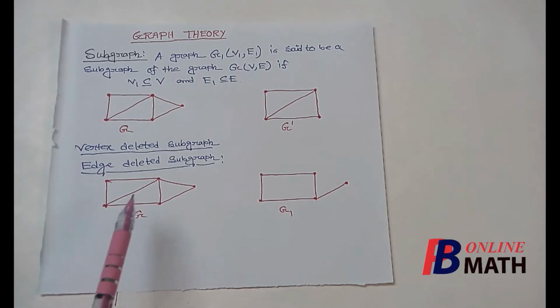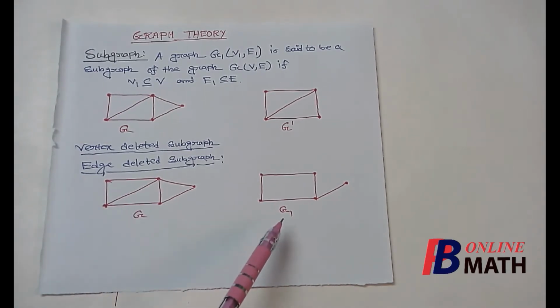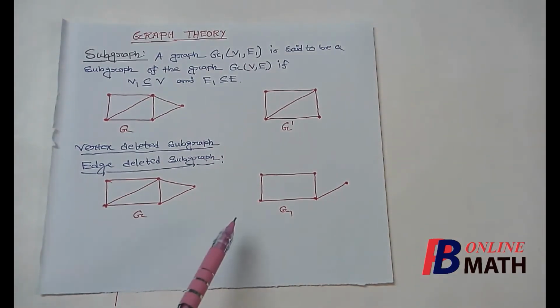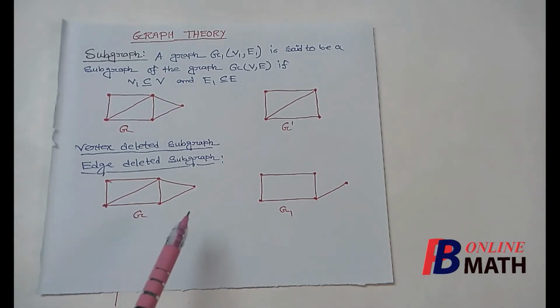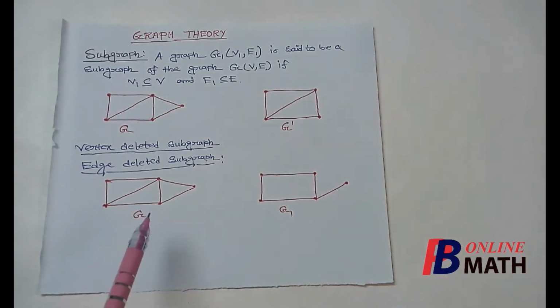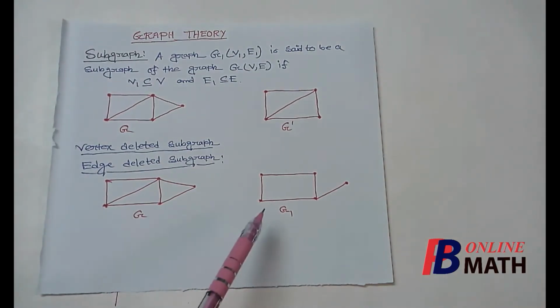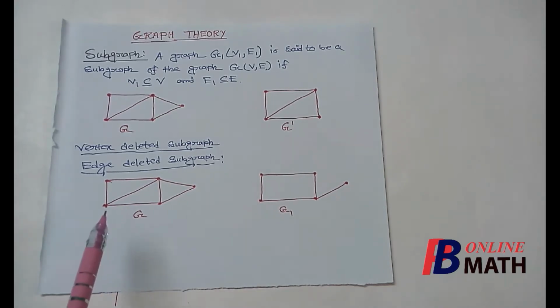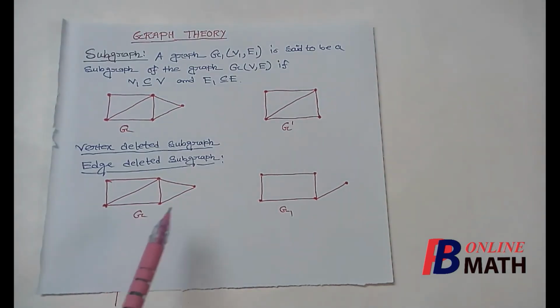So if we delete these two edges, then we get this subgraph G1. So this type of subgraph is called edge deleted subgraph. Now remember that in edge deleted subgraph, we do not delete any vertex, but we may delete some edges. Here the number of vertices is the same, but we have deleted only two edges from this graph G to obtain this subgraph G1.